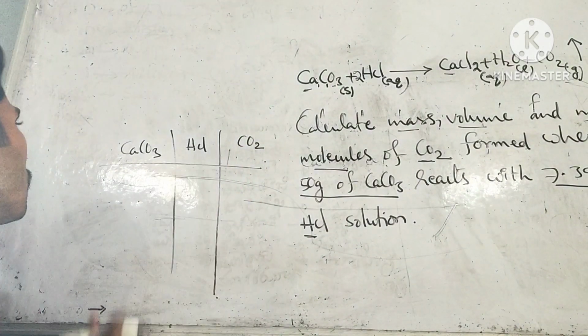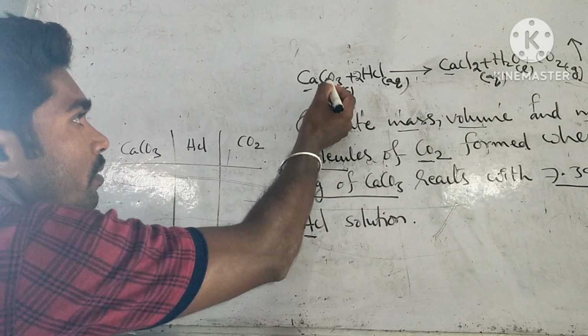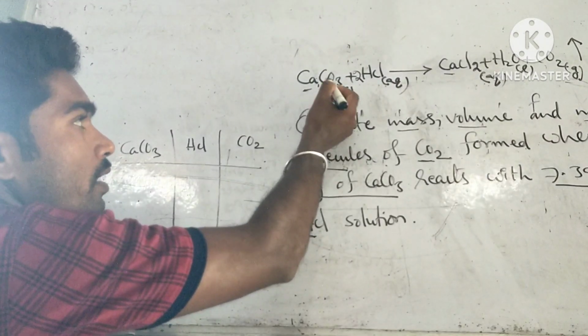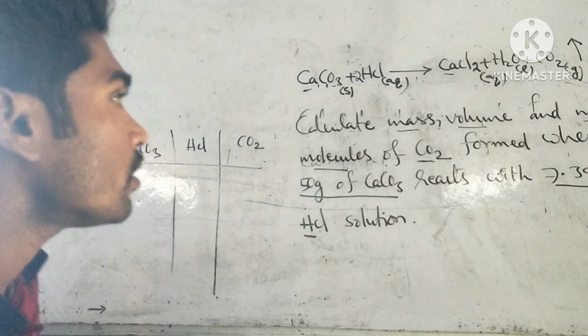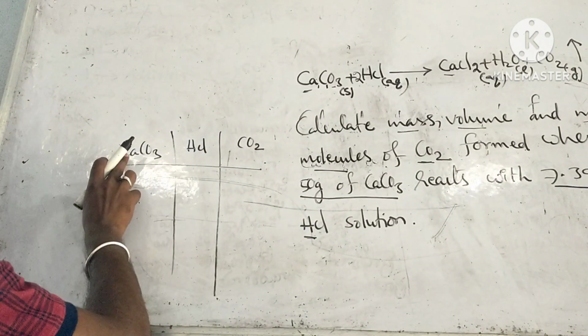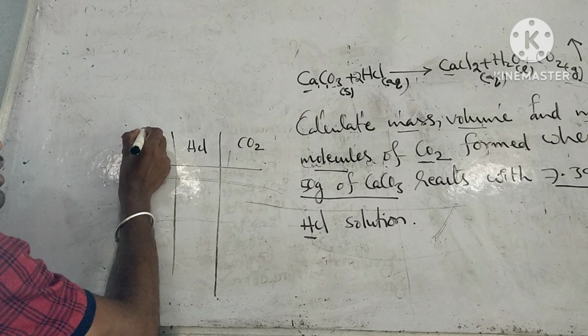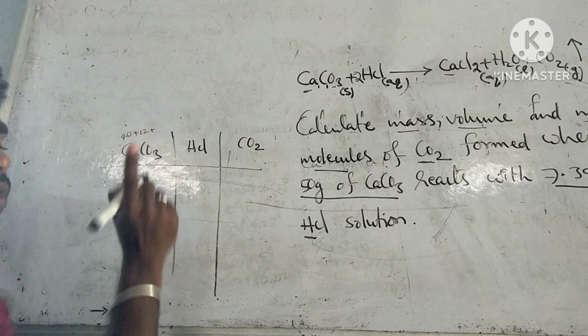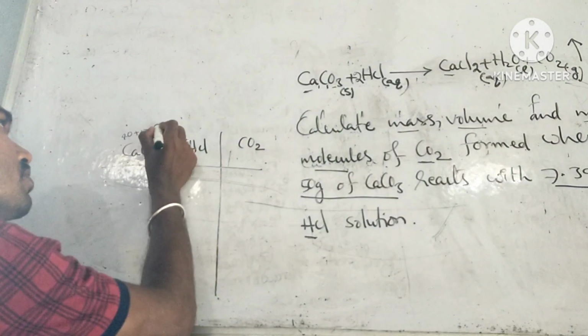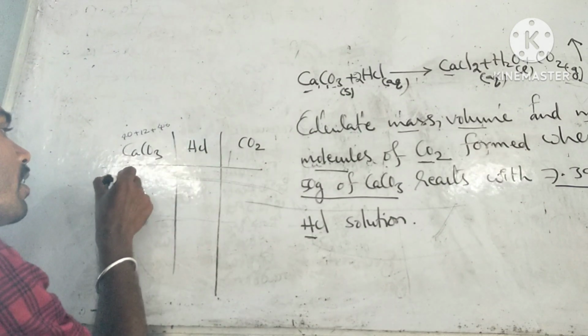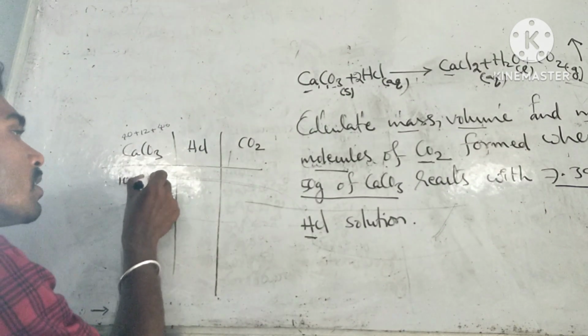Okay, what I have to do now in the balanced chemical equation, what is the molecular weight of this compound? See here, if you take calcium atomic weight is 40 and carbon is 12, one oxygen is 16, 16 times 3 is 48. So it becomes 100 grams.